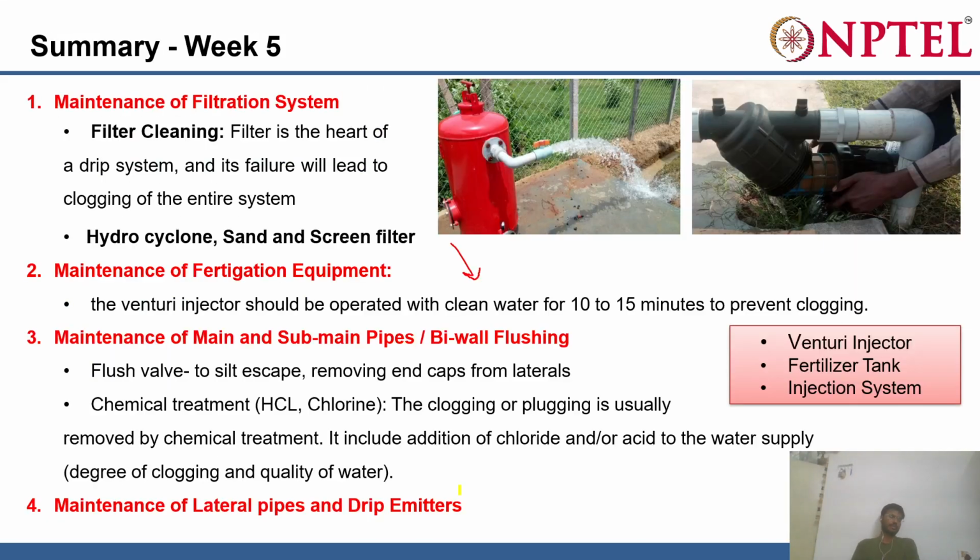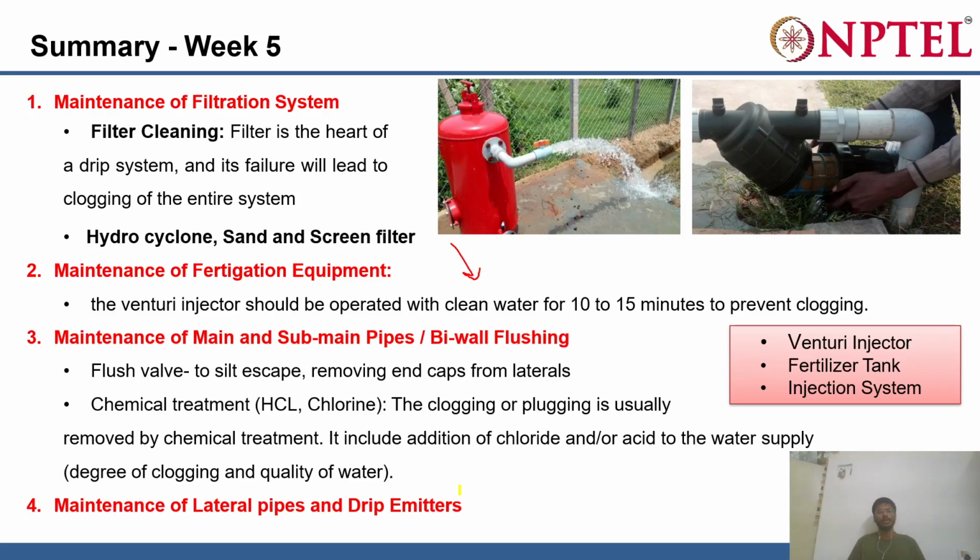Then obviously you have a maintenance part, so you have to maintain each filtration system depending on its nature of removal of particles. Filter cleaning is the heart of the drip system, and its failure will lead to clogging of the entire system, and you will have no water at the end.